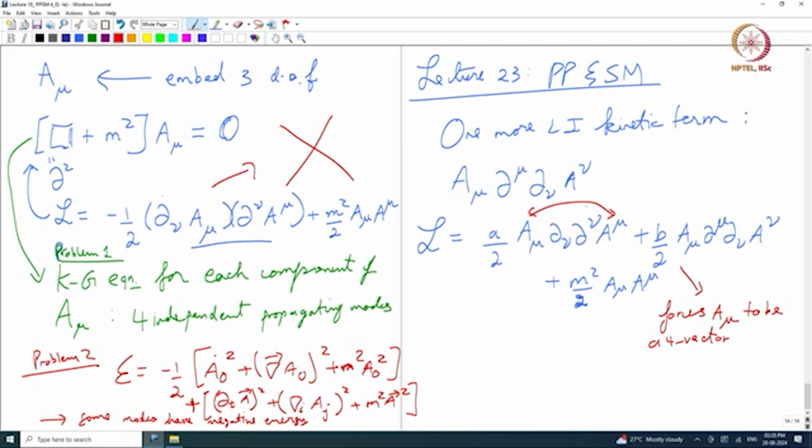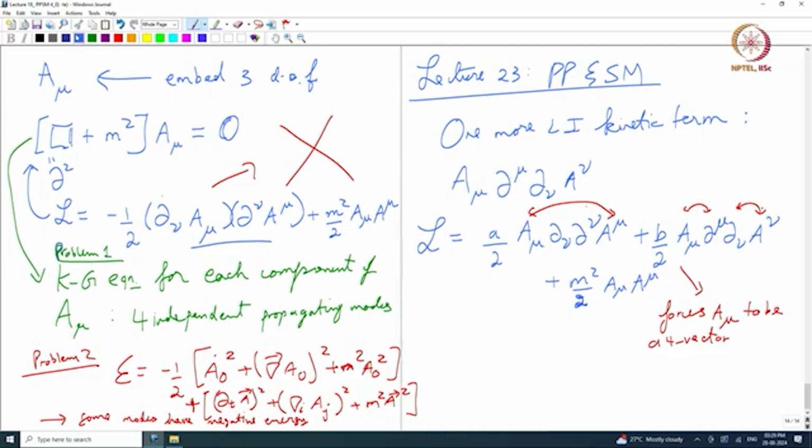So they could have split into 4 different A square terms, right, A0 square minus A1 square minus A2 square minus A3 square, right. But now I do not have that, because explicitly I am forcing the derivative to contract with the A mu and this to contract with the A mu. So explicitly I am writing down A mu as a 4 vector. Okay. So you can already see this is an even better candidate than before, correct.